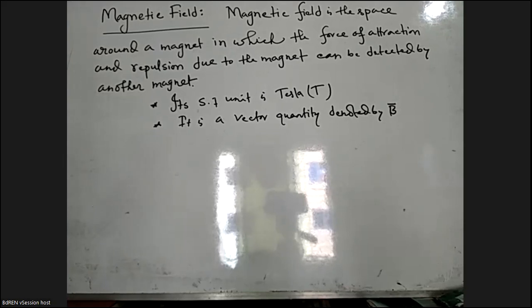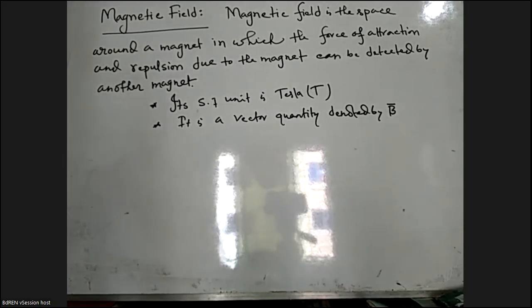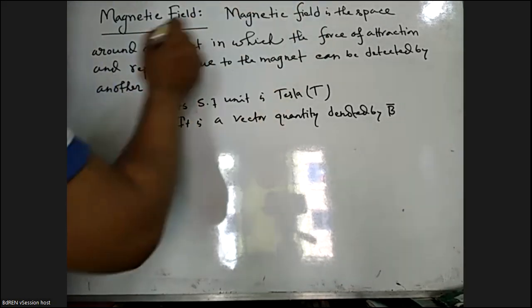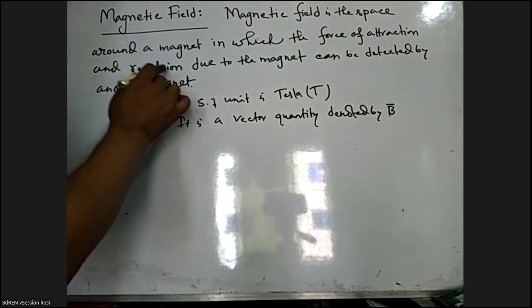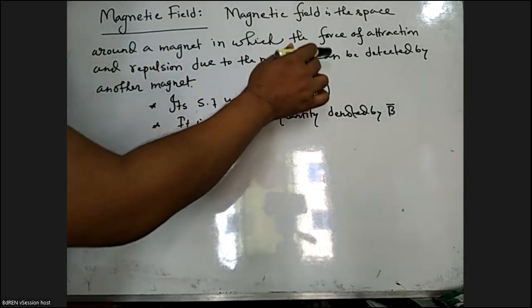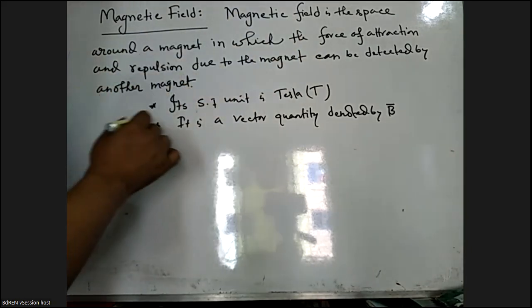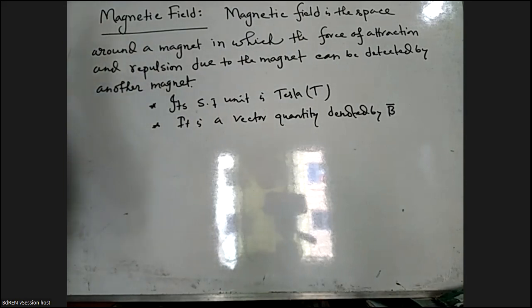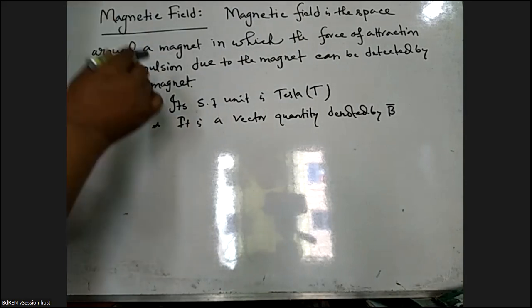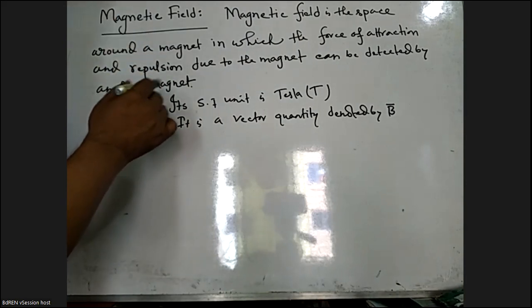Now, what is the magnetic field? The magnetic field is the space around a magnet in which the force of attraction and repulsion due to the magnet can be detected by another magnet. This is what we have shown in our slide.